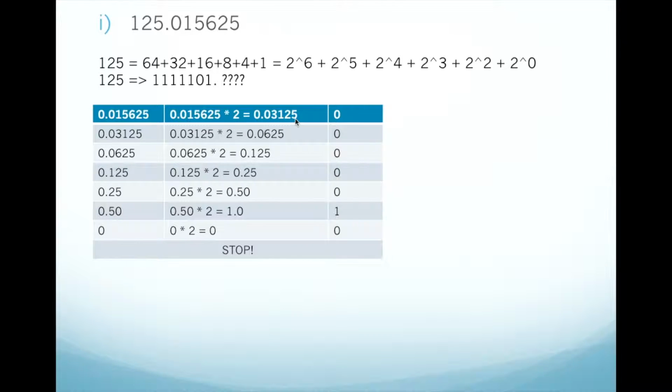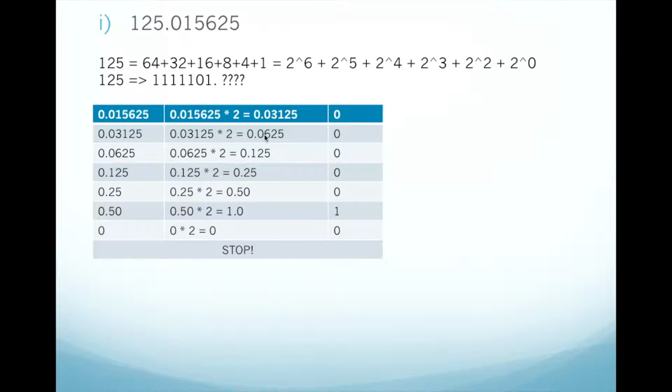In this last column, you always put the number in front of the decimal. In this case, our number is 0, so 0 goes here. Then we take everything on the right of the decimal and put it back into this new column. So then our new row starts with 0.03125, and we multiply that by 2, and we get 0.0625.